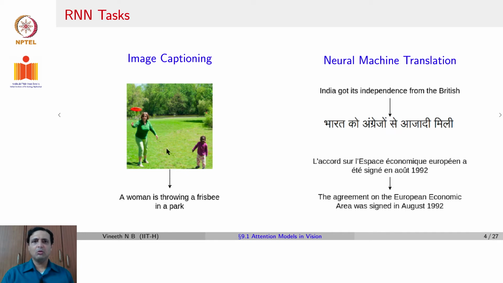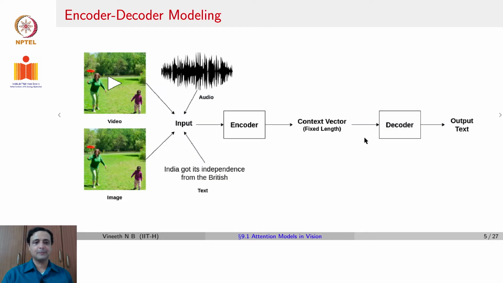Another example where RNNs are extremely useful is the task of neural machine translation, or what is known as NMT. It's also what you see on your translate apps, where you have a sentence given in a particular language and then you have to give the equivalent sentence in a different language. Both of these are RNN tasks.